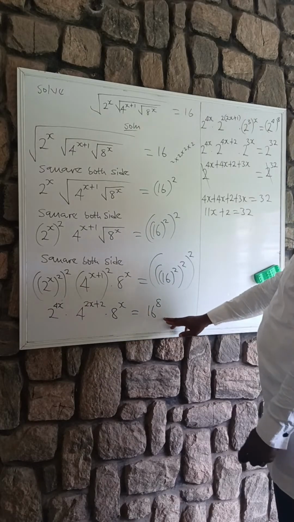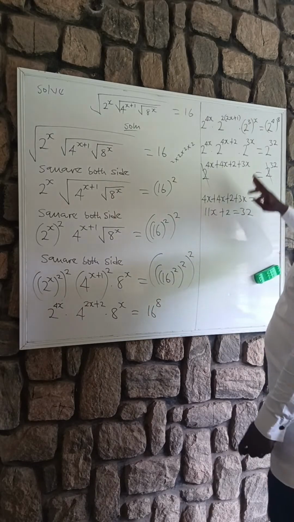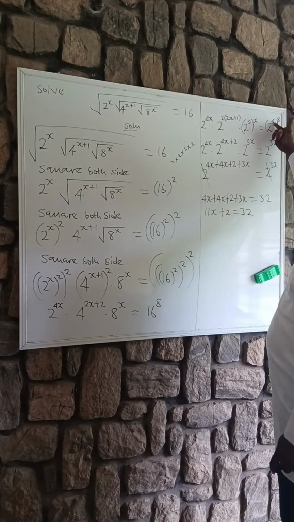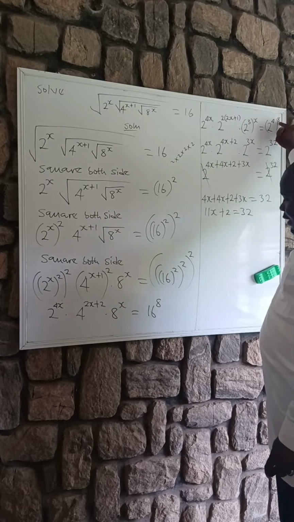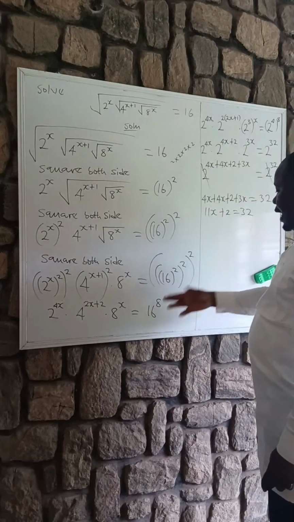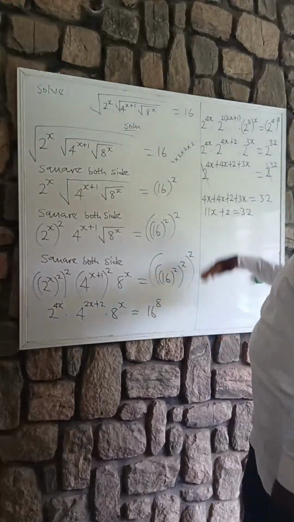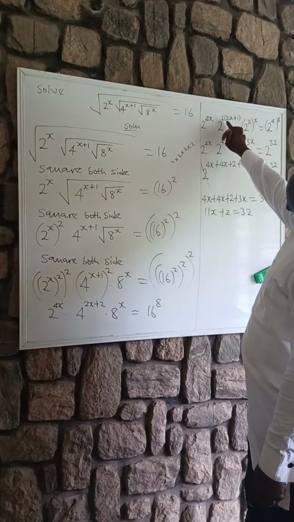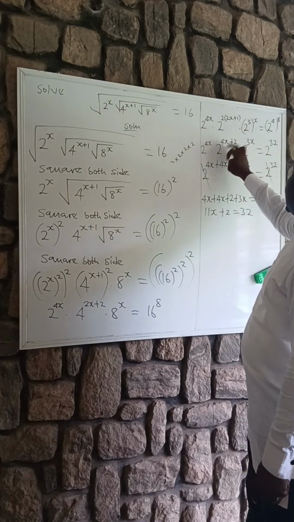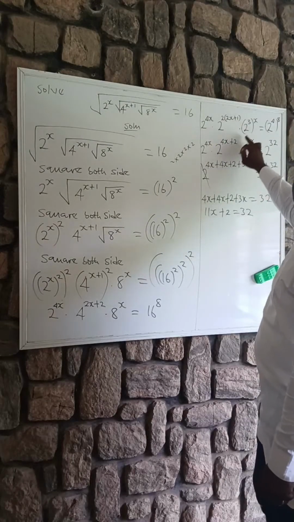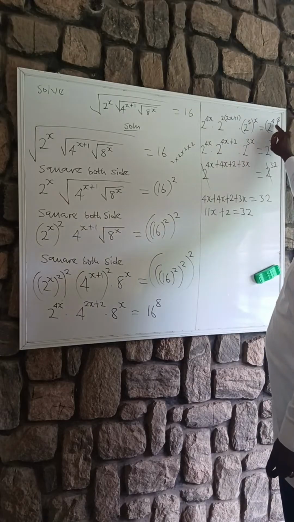Then equals to 16 raised to the power 8, which means 2 raised to the power 4, all in bracket, raised to the power of 8. Is the same thing as this. True or false? It's true. So at this point, we multiply out this times this, give us this, times this, give us this. 4 times 8, 32.